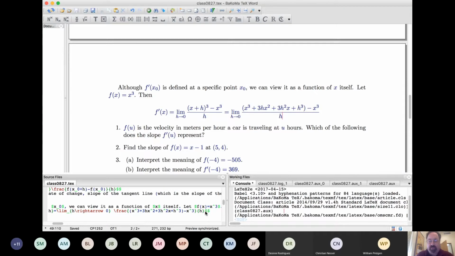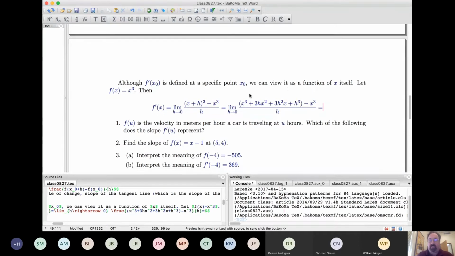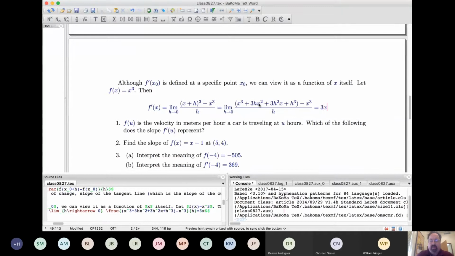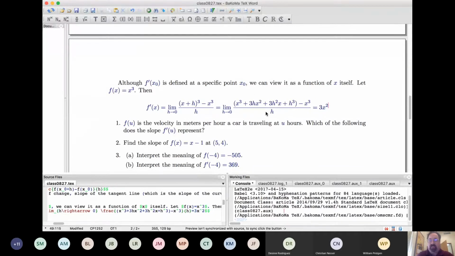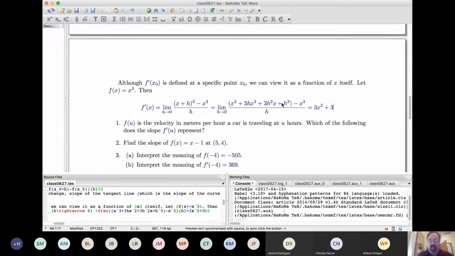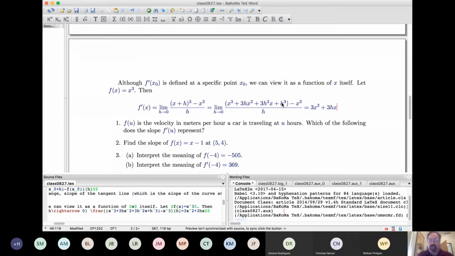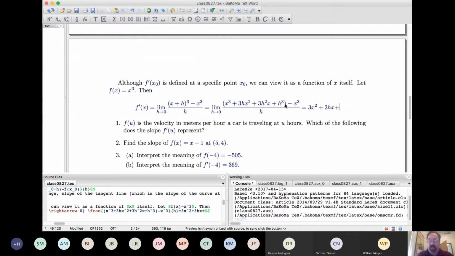So if I were to go through those simplifications, these terms are gone. I would have this one where I've canceled the h's. Then I have this one, where I've canceled one factor of h. And then I have this, where again, I've canceled one factor of h.